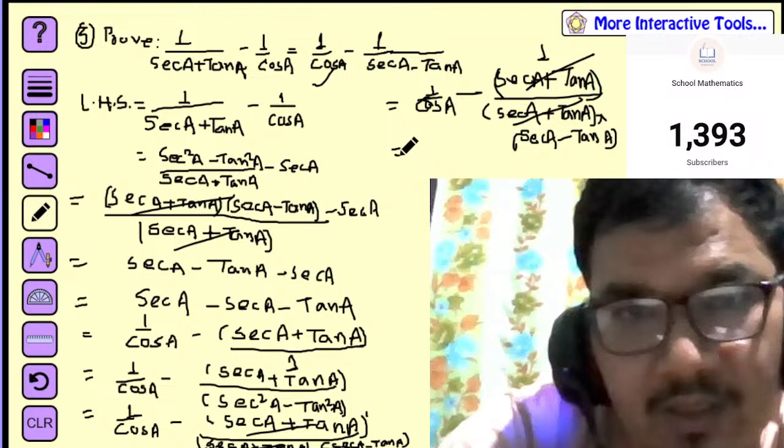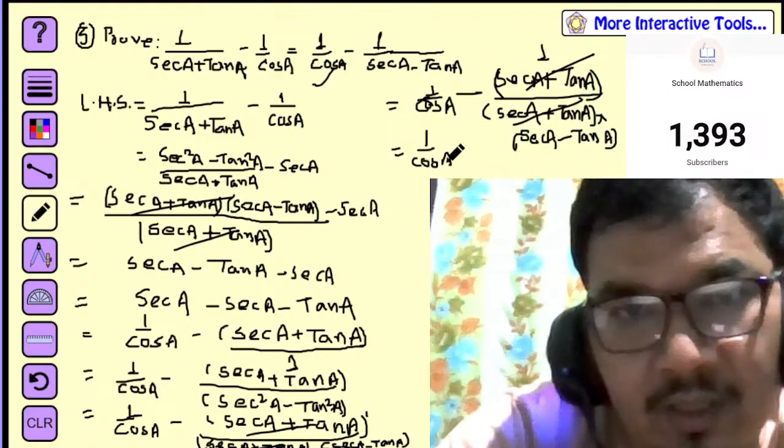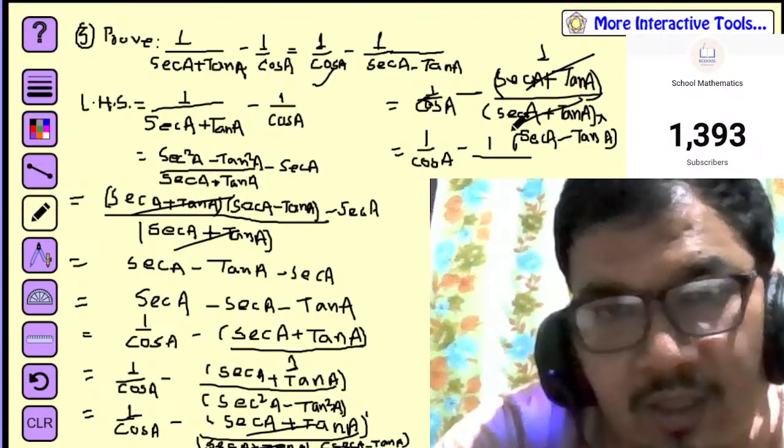Okay, that was our right hand side. Look here, 1 by cos A. This was 1 by cos A, and minus here is 1 by, okay, this is the upper part.